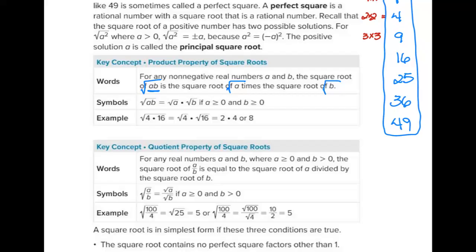So the square root of 4, which is here separately, times the square root of 16, right here. The square root of 4 is 2, and the square root of 16 is 4, so 2 times 4 gives us 8. So it's just saying we can multiply them together, and then we can separate them and find the square root of each one individually.